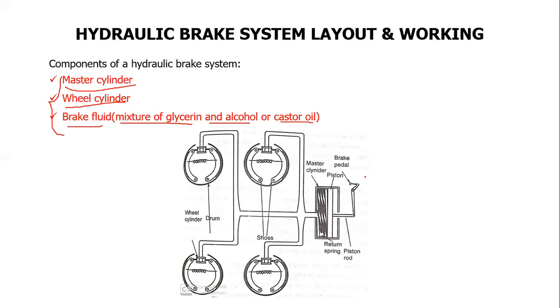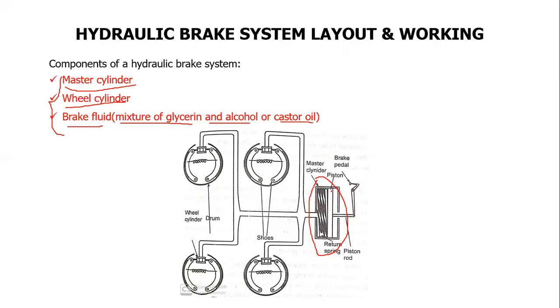In this layout, we can see the brake pedal and the fulcrum pin, or the joint which joins the brake pedal and the master cylinder. This region is called the master cylinder of the hydraulic brake system.